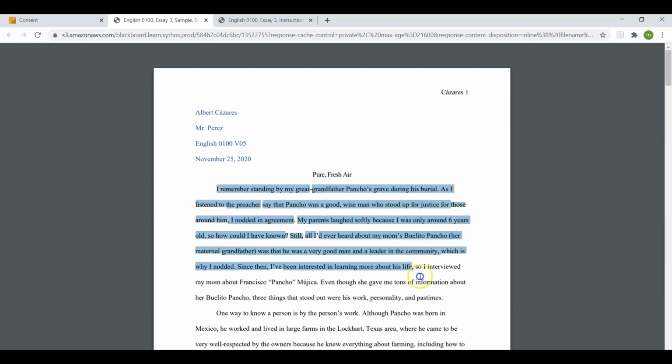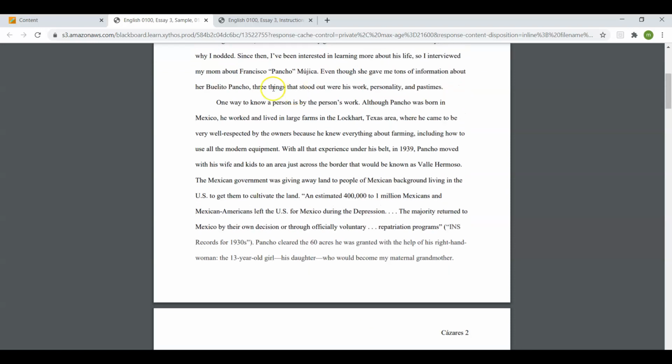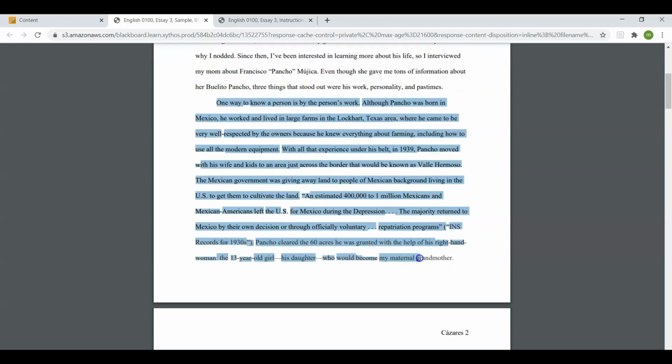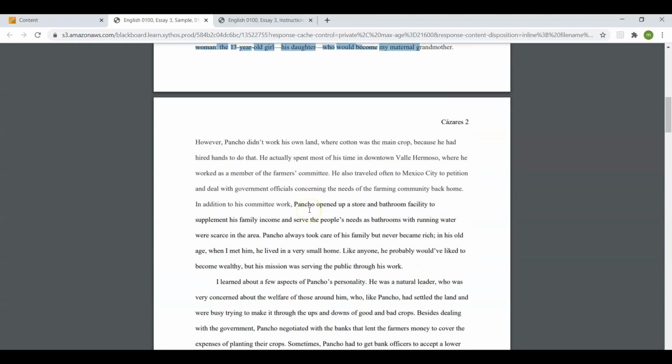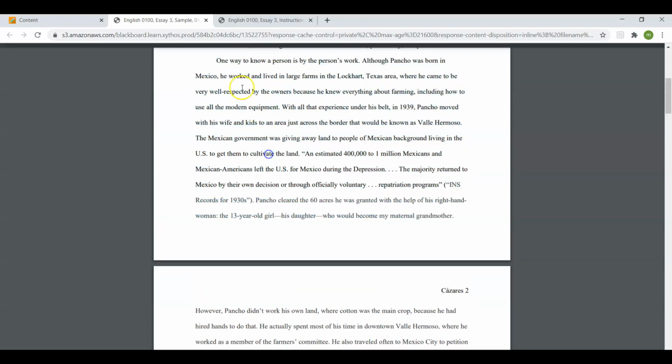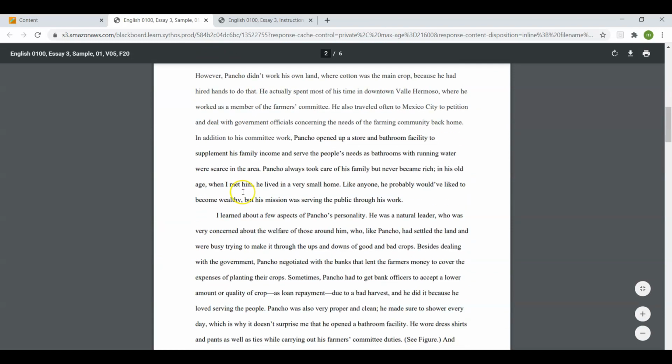So this right here is the introduction. This is not part of journal assignment 13. Your introduction paragraph will not be part of any journal assignment, okay? These paragraphs right here, as I showed you just a few minutes ago, this is body paragraph A, from there to there.